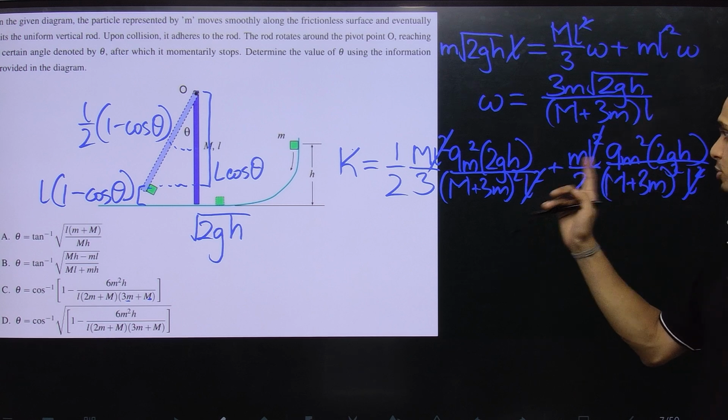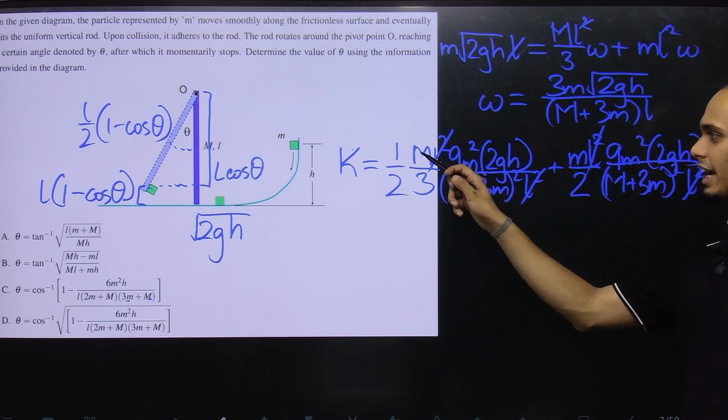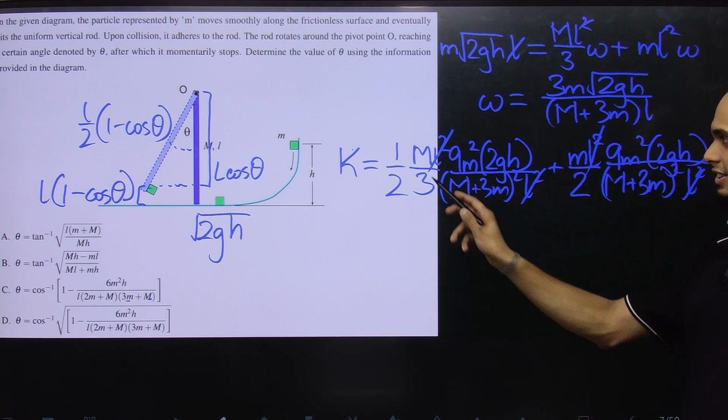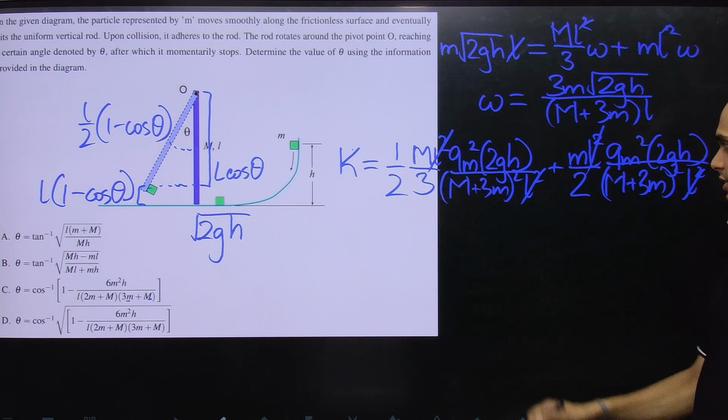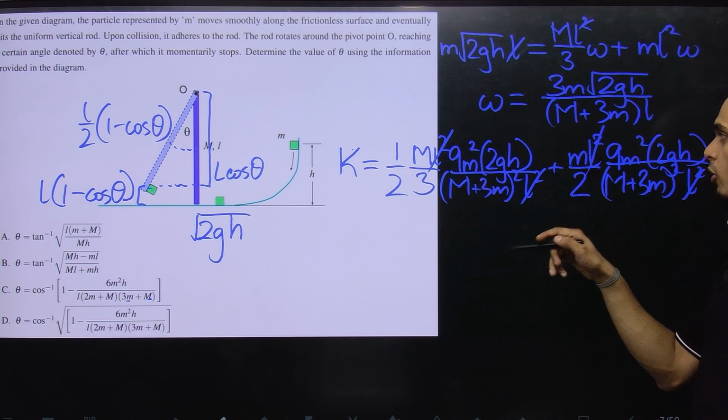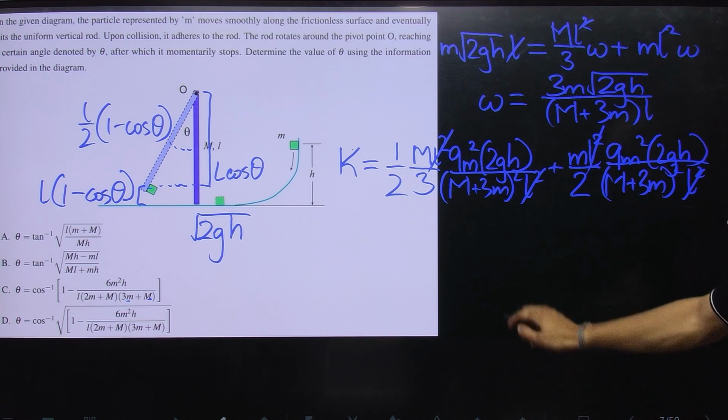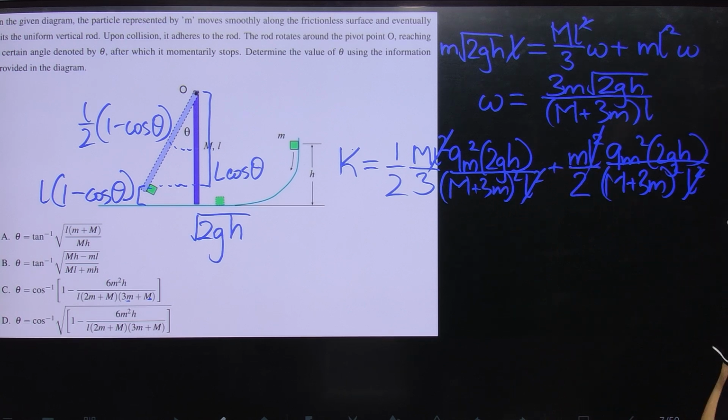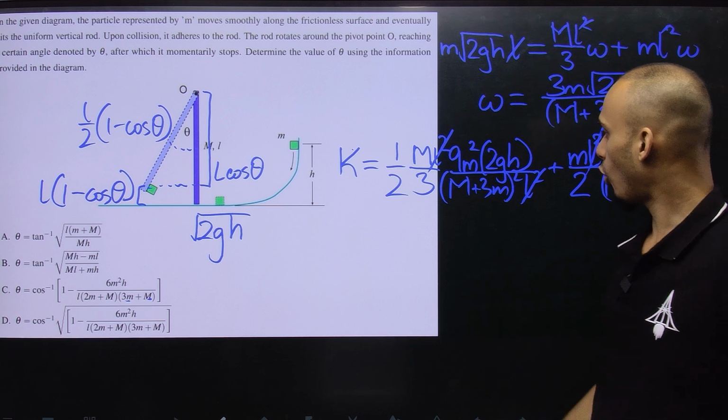See, the two terms only differ by the capital M by 3 term over here. There's a capital M by 3 term on the left term and a small m on the right hand term. So if we multiply just this 3 over here, then we can take the rest to be common.